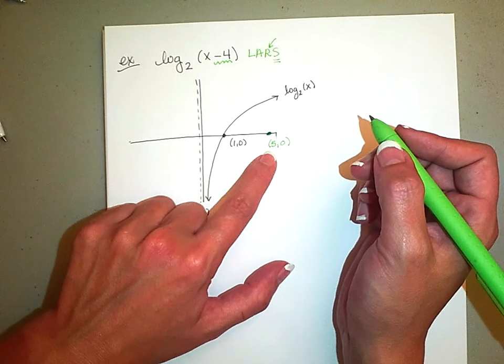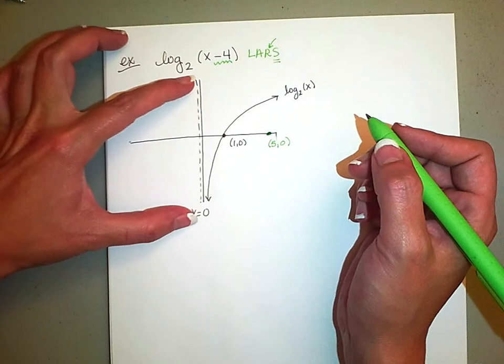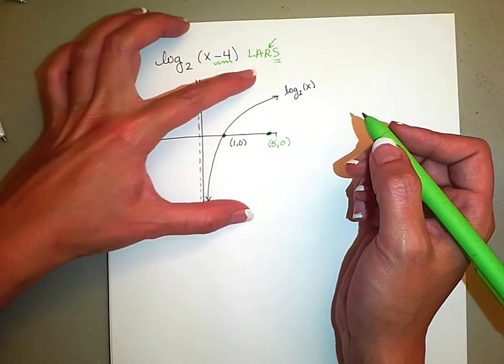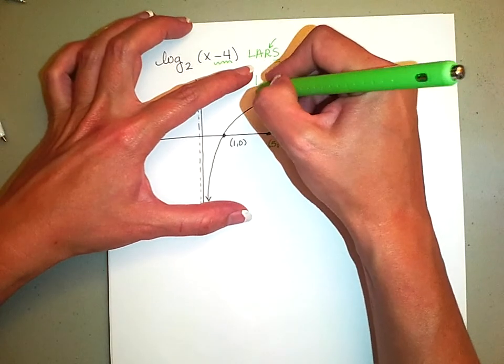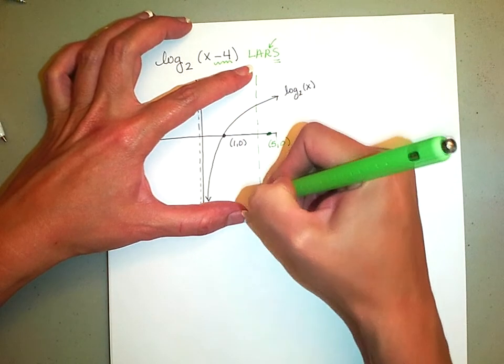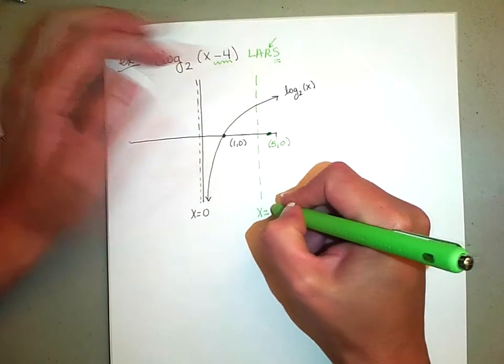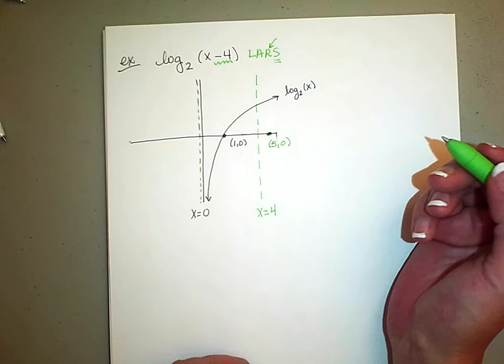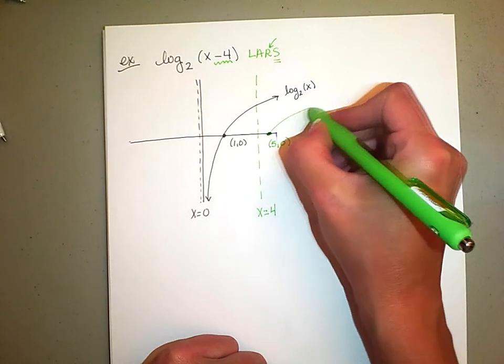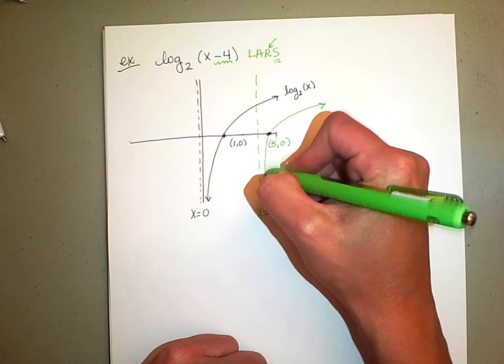Okay, so 1 plus 4 is 5. But then this asymptote also has to move over 4 units. So we'll come here. So now this is the equation x equals 4. And then the shape must stay the same.